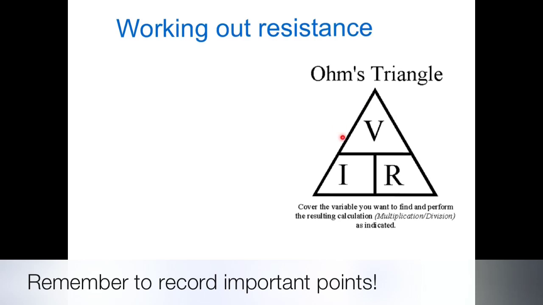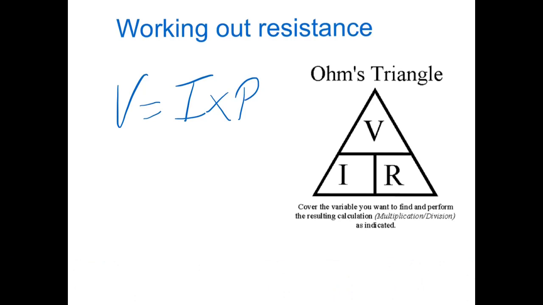So once you've got your voltage and current from your data, you could work out the resistance using this triangle and the equation V is equal to I times R. Now V is in volts, it's voltage, current is in amps, and resistance is in ohms.